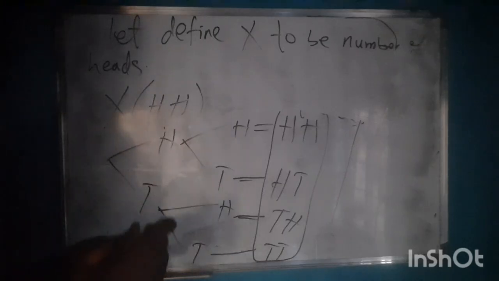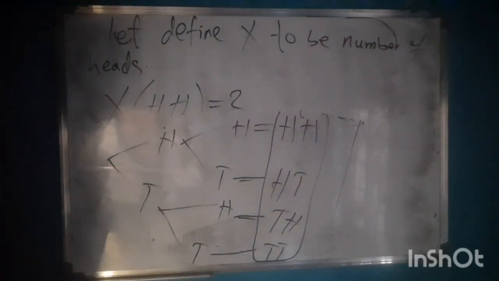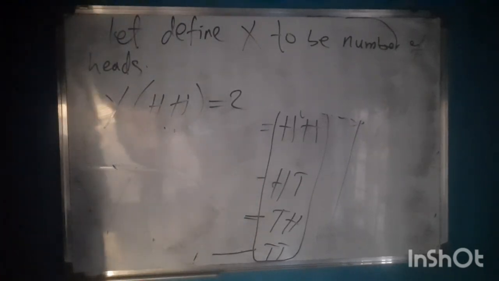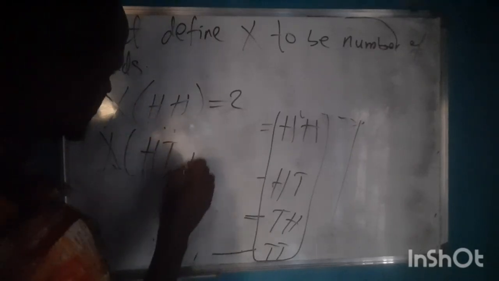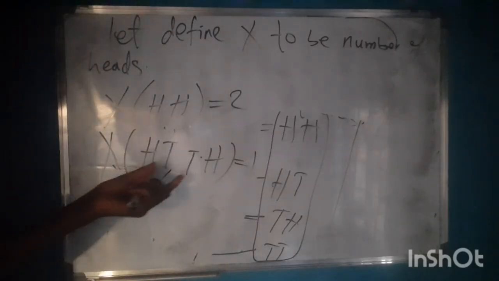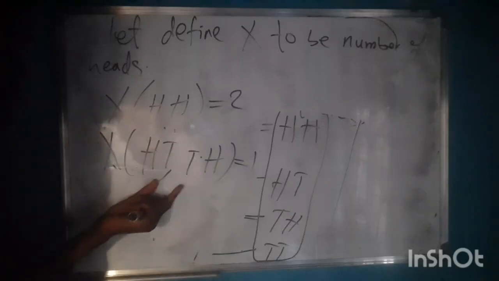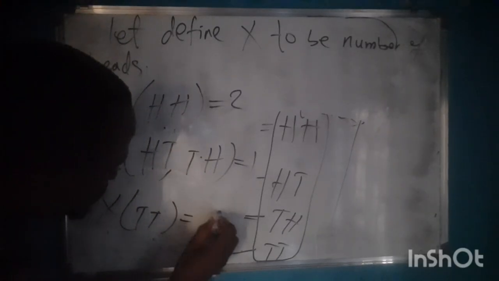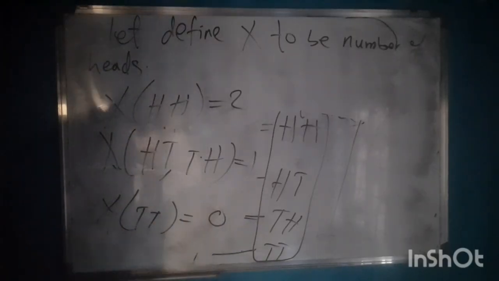We have 2 heads. X of HH is 2. X of HT and TH, we have what? 1. How? Because we are interested in the number of heads, and the number of heads that we can find here is 1. X of TT will give us 0, because there is no H in this.